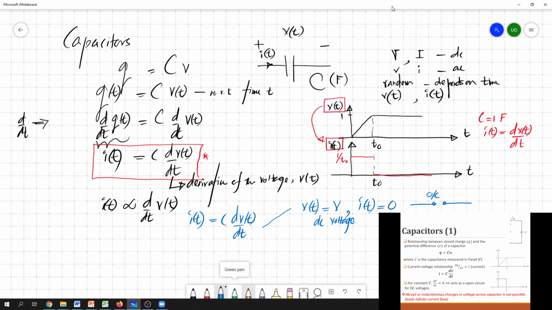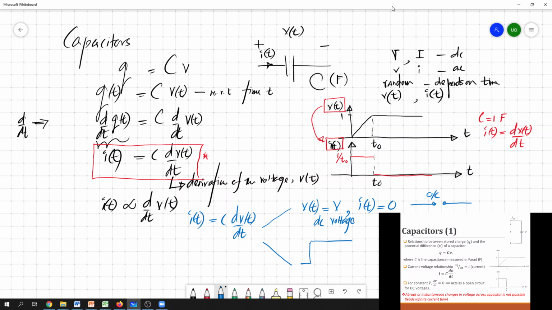Okay, so the second, what happens? Let's think about a situation like this. The voltage is something like that.